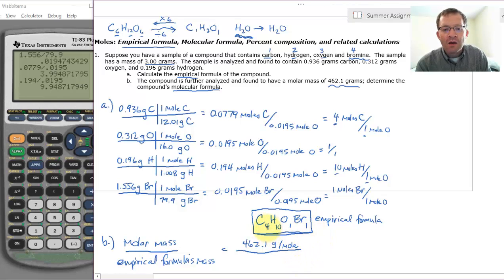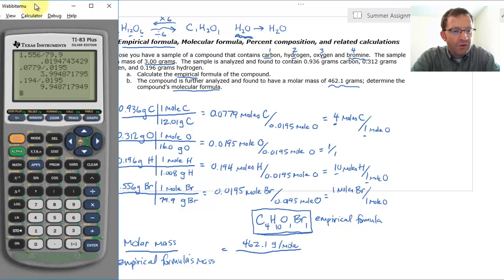So I need 4 carbons. Let's go to my calculator and punch that in. 4 carbons, 4 times 12.01, okay? Plus, I need 10 hydrogens, so 10 times 1.008, that's my hydrogen's mass.